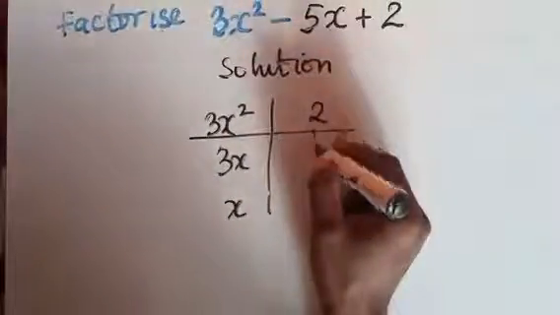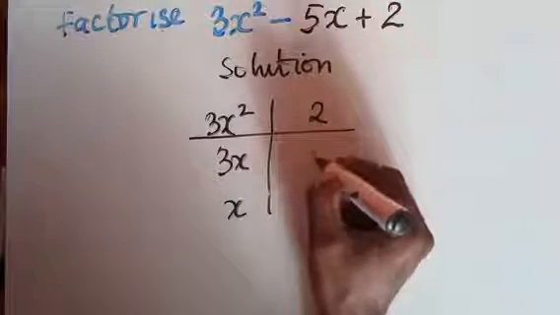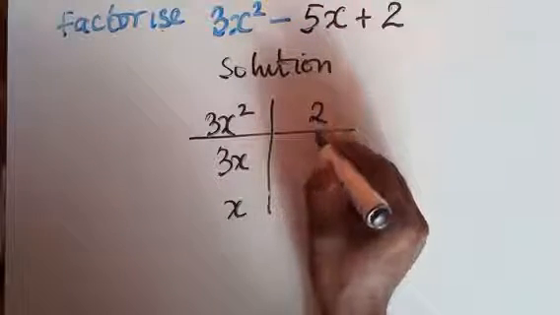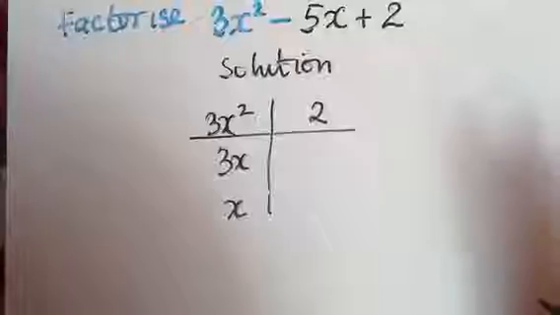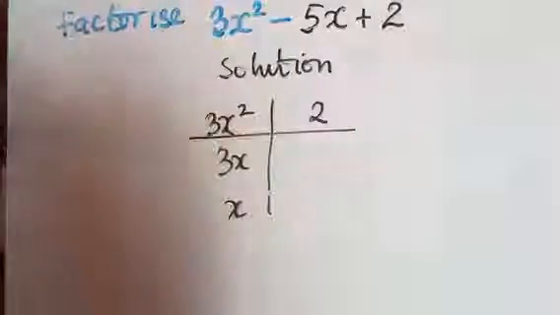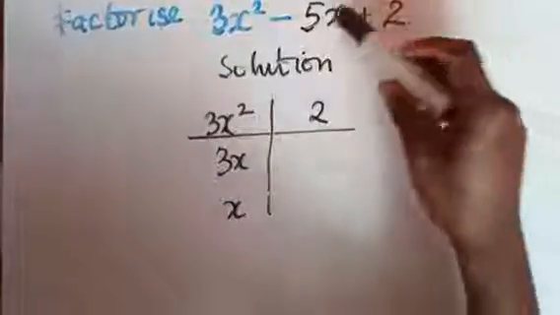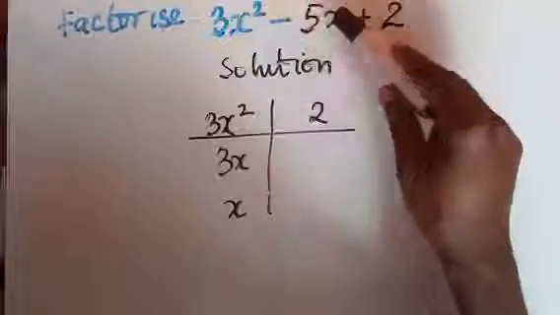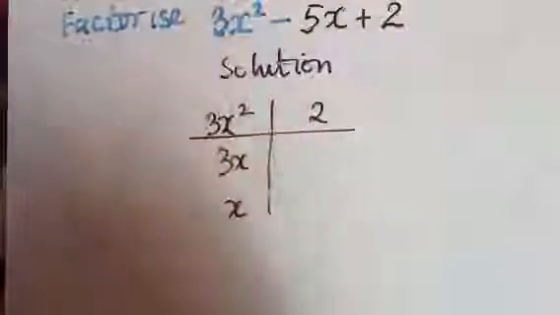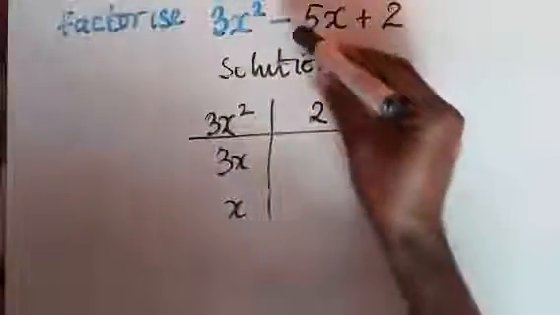Then 2 factors of 2, that when I multiply, I'll get positive 2. Mind you, the figure is going to substitute negative 5x. So in this case, if you are going to make this one be positive, it's going to be affected.